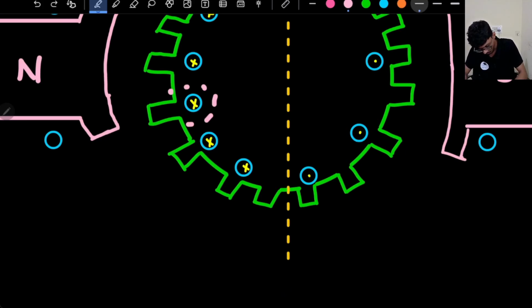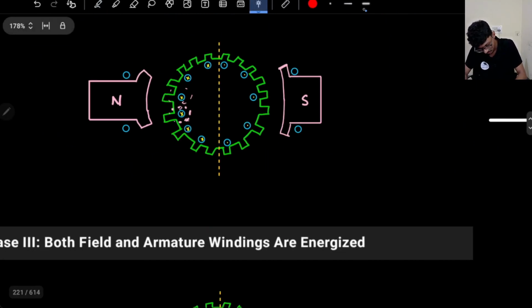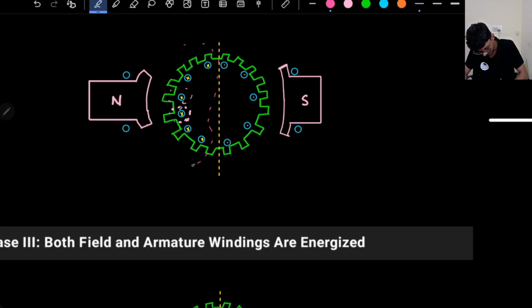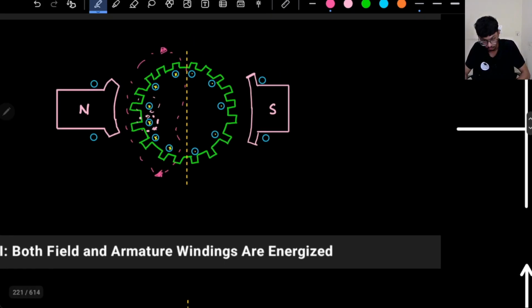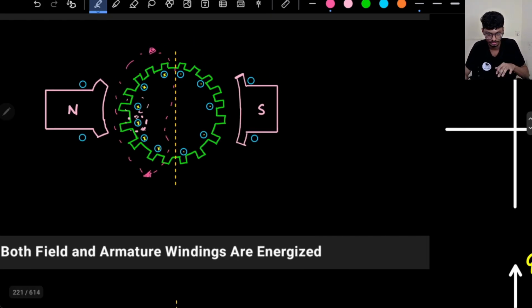If this is in the clockwise direction and this is also in the clockwise direction, basically these will cancel each other out. So overall the resultant will be somewhat like this. On the right hand side the resultant will be in the clockwise direction. Ignore my drawing. And on the left hand side the resultant will be in the anti-clockwise direction.